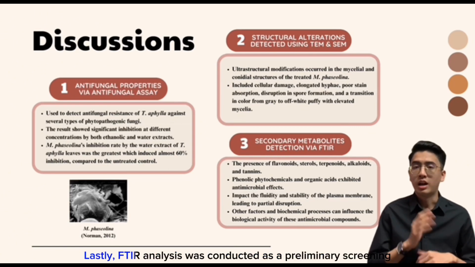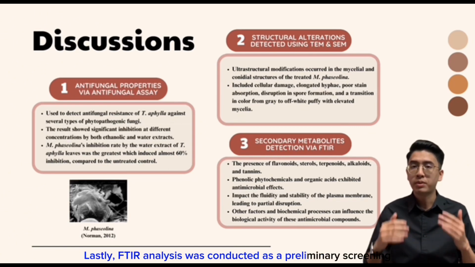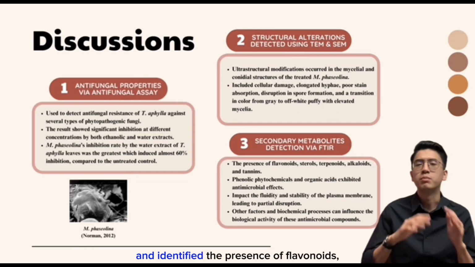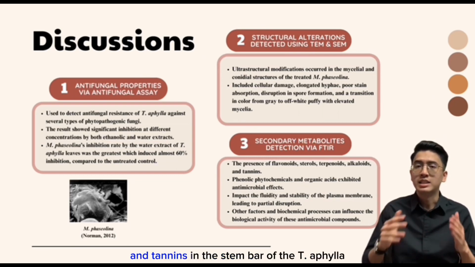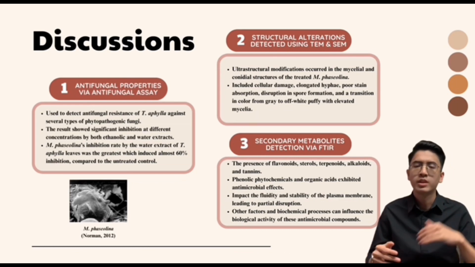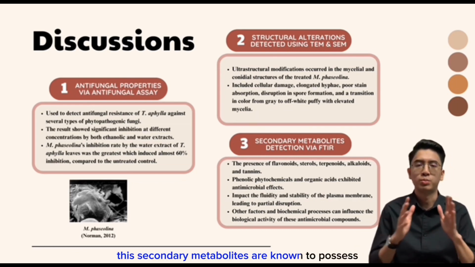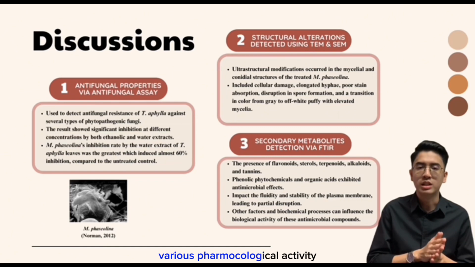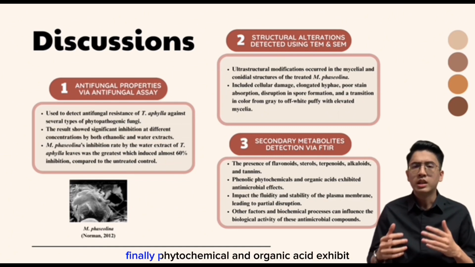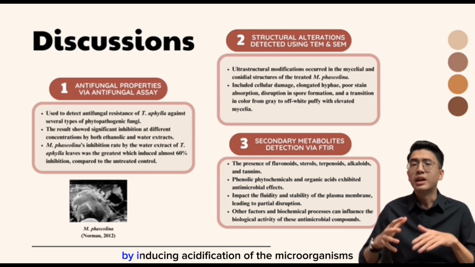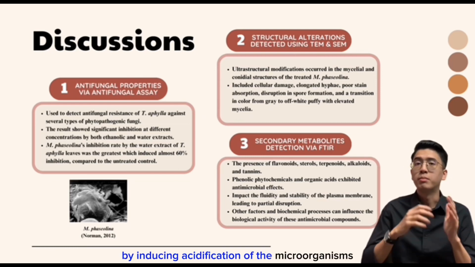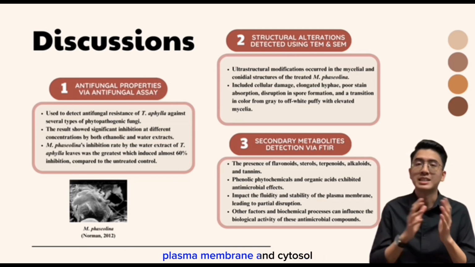Lastly, FTIR analysis was conducted as a preliminary screening and identified the presence of flavonoid, sterol, terpenoids, alkaloid, and tannins in the stem bark of the aphylla. These secondary metabolites are known to possess various pharmacological activity. Phenolic, phytochemical, and organic acid exhibit antimicrobial effect by inducing acidification of the microorganisms' plasma membrane and cytosol.